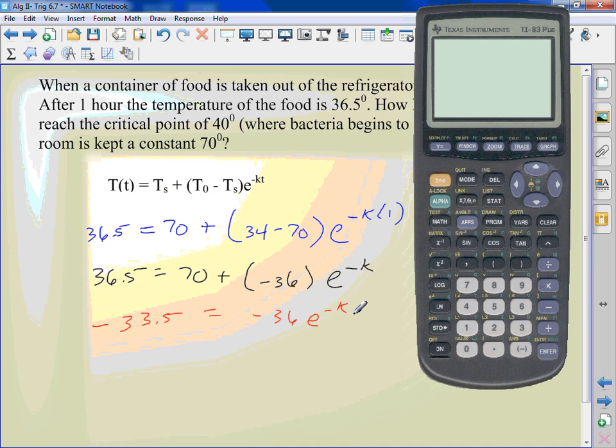Next step, divide by negative 36. So negative 33.5 divided by negative 36, I get 0.931 e to the negative k.